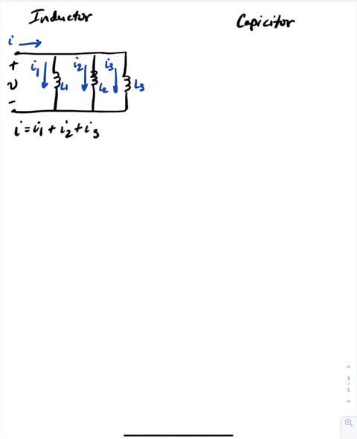And we know that the general equation for current through an inductor is 1 over L sub n times the integral from T0 to T of V of T dt plus the initial value.